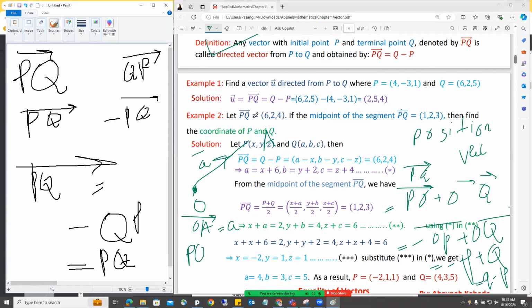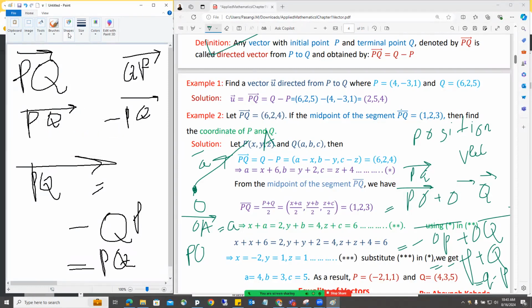Okay. Now for example one. How have they done this example one? Explain to me. What have they asked us to do? Find vector U directed from P to Q. Yes.